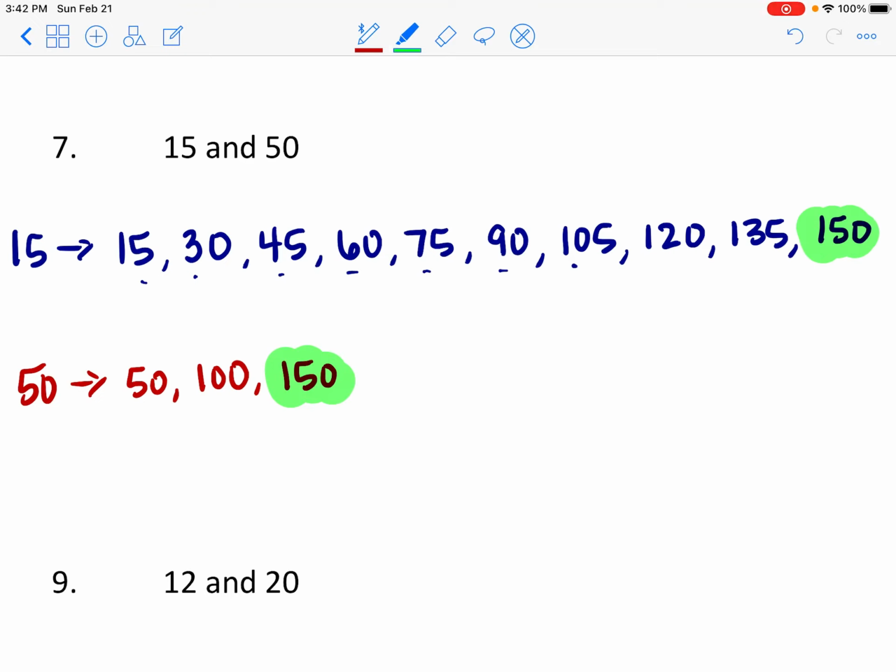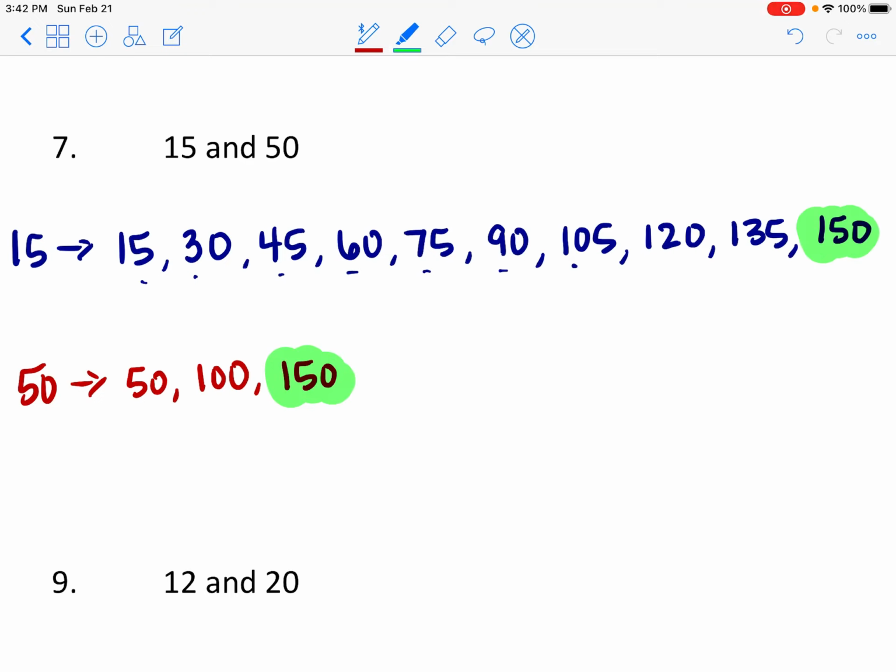And then if I make my prime factorization for 72, 72 I know is 8 times 9. 8 I could make 2 times 4. 4 I could make 2 times 2. And then 9 I could make 3 times 3. So my prime factorization here, I would say, is 2 to the third power times 3 to the second power.